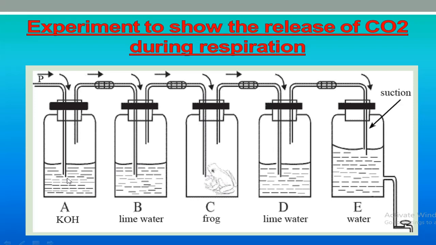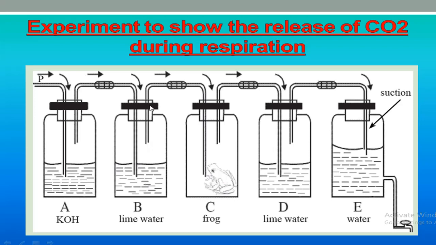So the air flowing from A to B does not contain carbon dioxide, because potassium hydroxide has absorbed all the carbon dioxide contained in the atmosphere. Therefore, the lime water in bottle B does not turn milky.